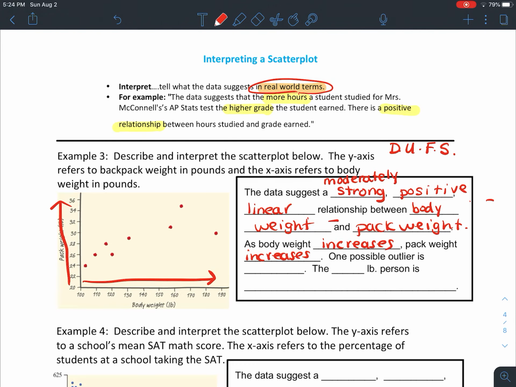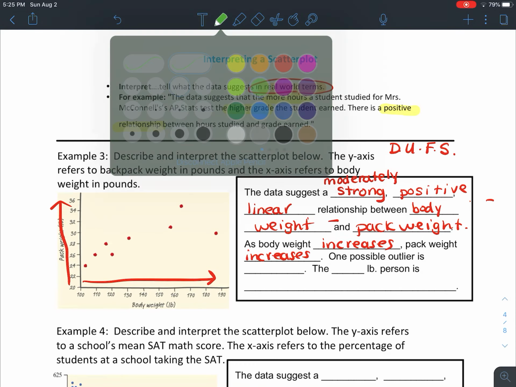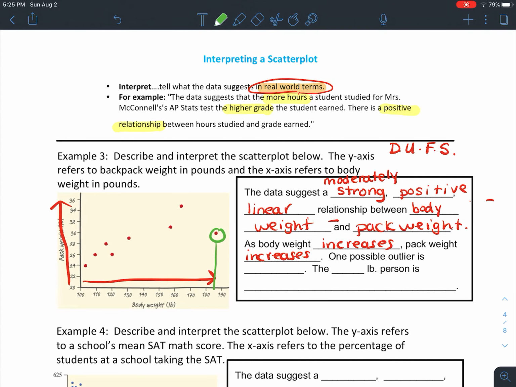One possible outlier, this is the U in DUFS, of course we know that would be this person here, which I'm going to roughly estimate might be a 187 pound person.